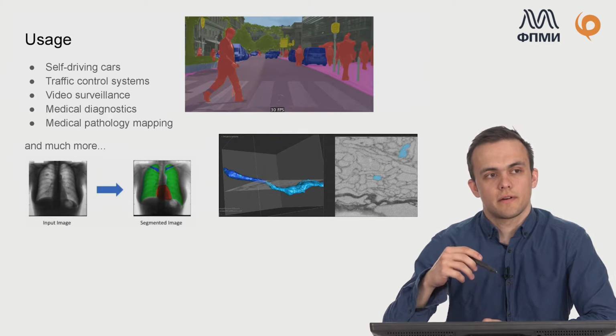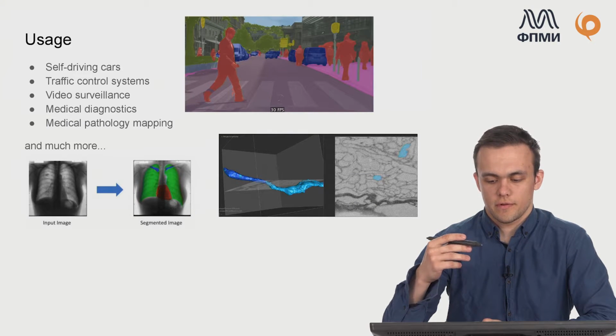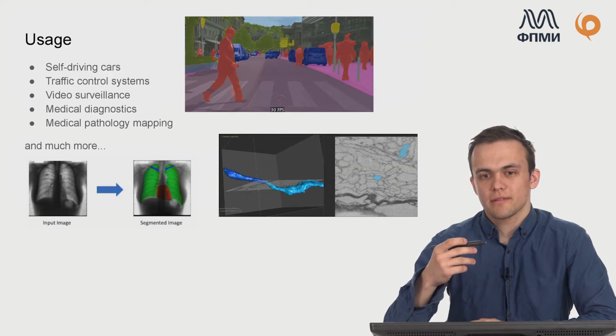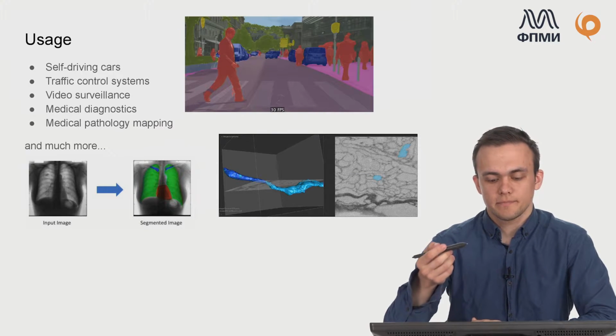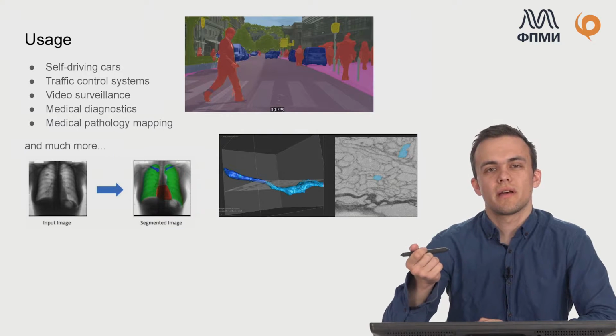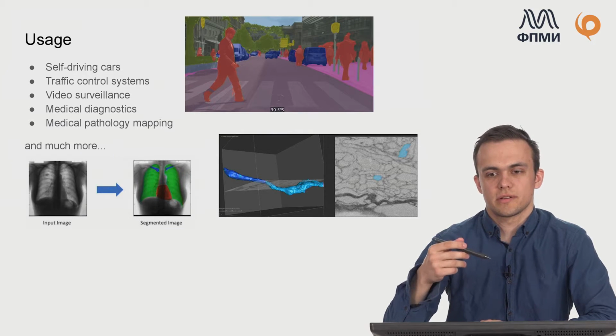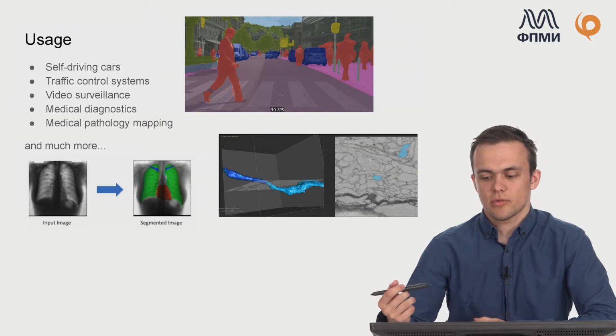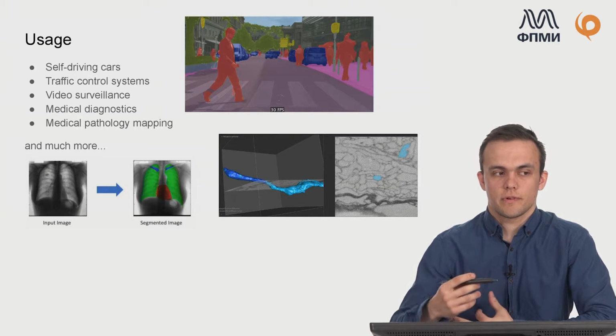Also, these algorithms are highly used in medical diagnostics and medical pathology mapping. So when you have an image of some human organ, for example from an MRI scan, you want to determine whether this patient has some disease or has some pathology or not, and quite often it's really hard to determine where the boundaries of different organs are.